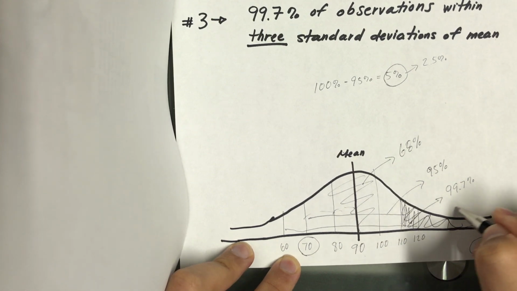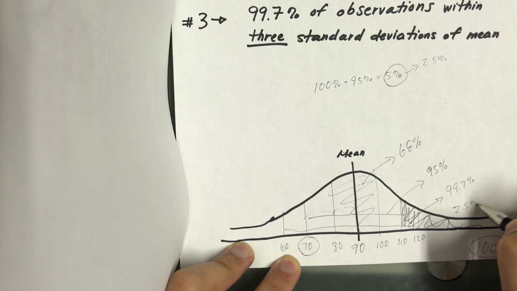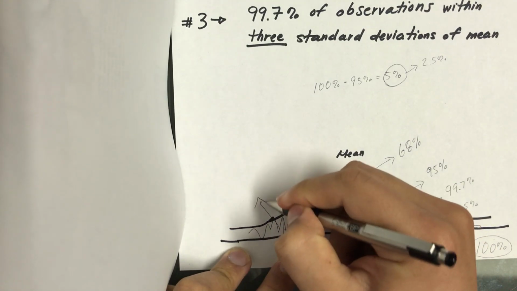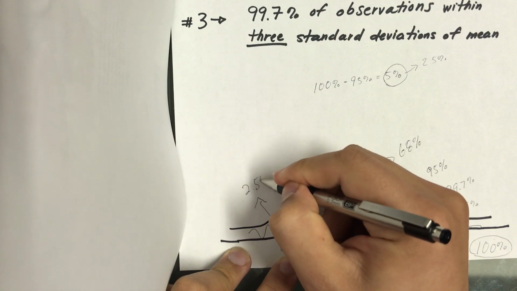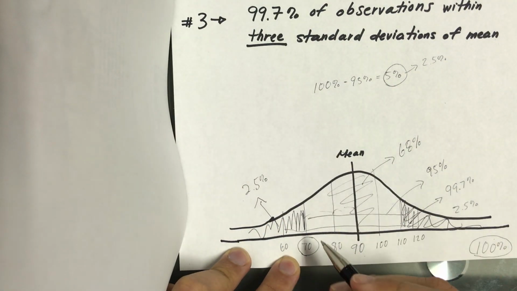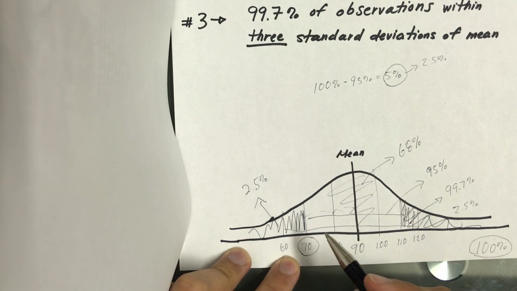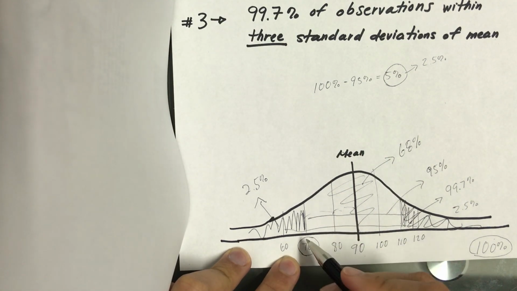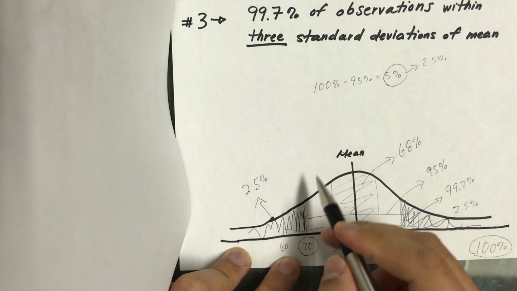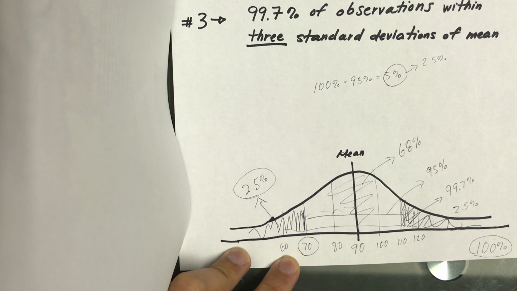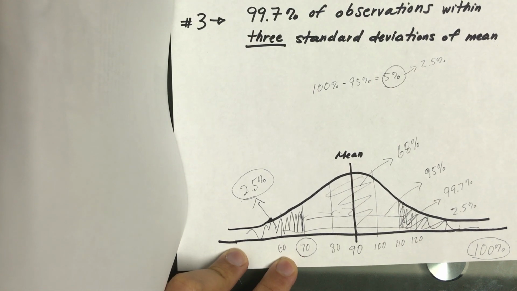So this would be 2.5%. And this area here would be 2.5% as well. So if we're being asked what percentage of observations are below 70, our answer would be 2.5%. So hope that helps.